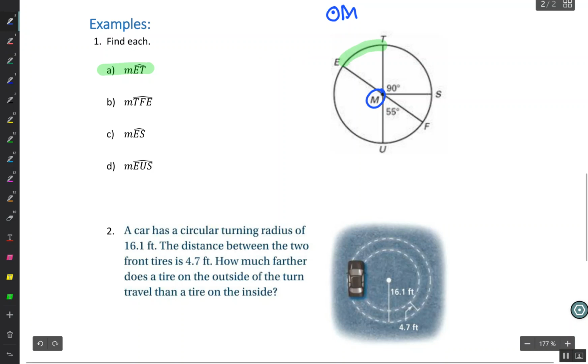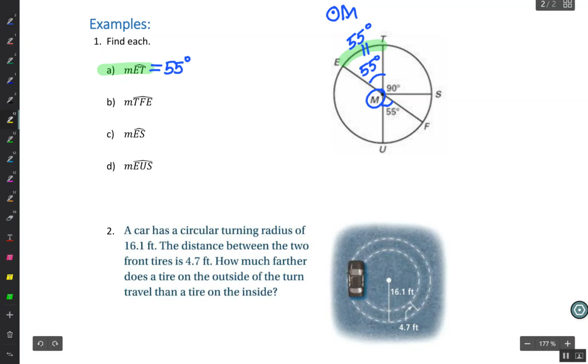There's nothing marked here, but can you see that this angle right here is vertical to this 55 degrees? So we can use vertical angles to say that that central angle is 55 degrees, so the arc is 55 degrees. They're just equal.